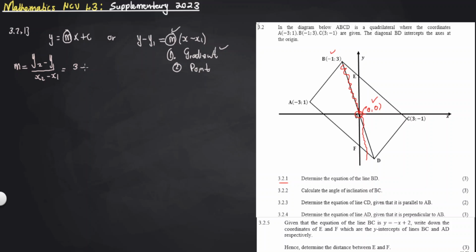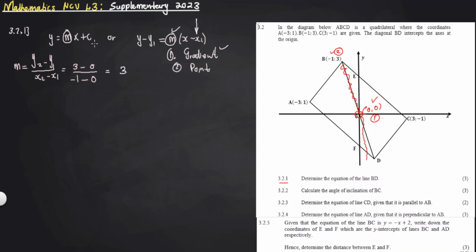That's 3, minus what is y1? That's 0, over what is x2? It's minus 1, minus 0. I'm taking point number 2 to be B, and point number 1 to be the origin, hence the substitution. So the gradient now becomes what? 3.